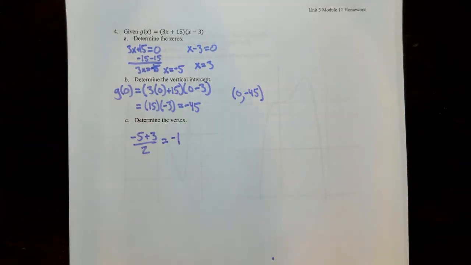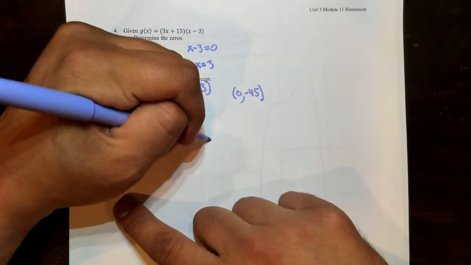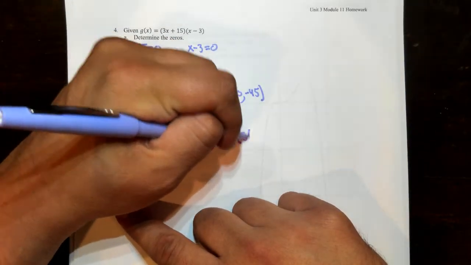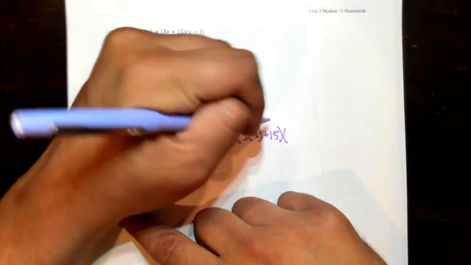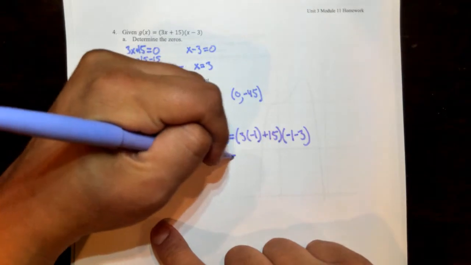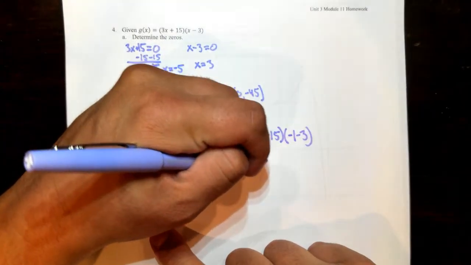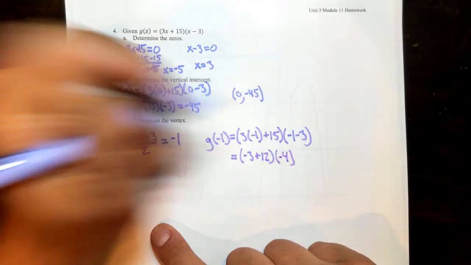And then evaluate to find the y value, evaluate when x is negative 1. So g of negative 1 equals 3 times negative 1 plus 15 times negative 1 minus 3. Let's see, this is going to be negative 3 plus 15 and this is negative 4.